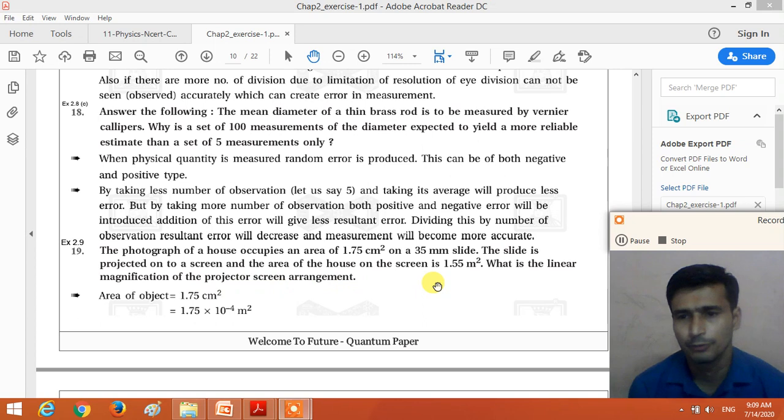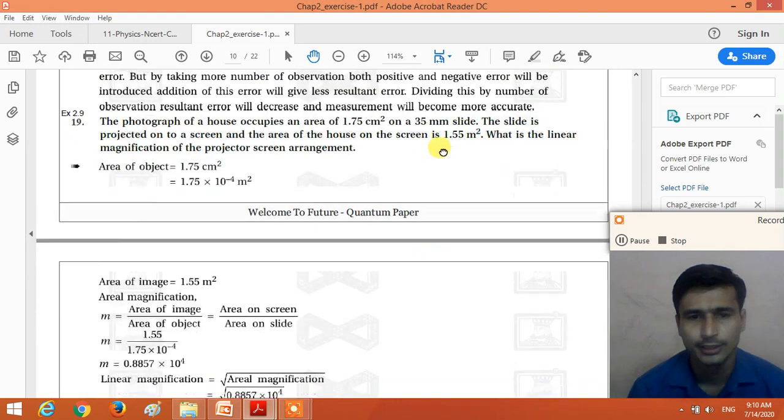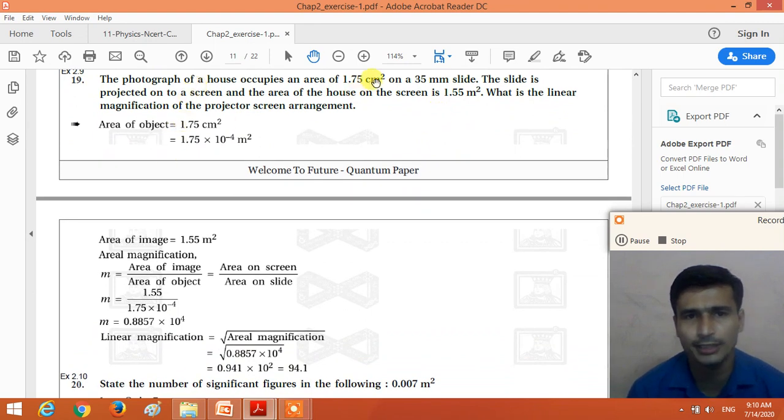So here we need to find the linear magnification. What do you mean by linear magnification? Magnification is the ratio of the area of the image to the original area. We need to convert centimeter square into meter square. 1 centimeter is equal to 10 raised to minus 2 meter, so 1 centimeter square is equal to 10 raised to minus 4 meter square.